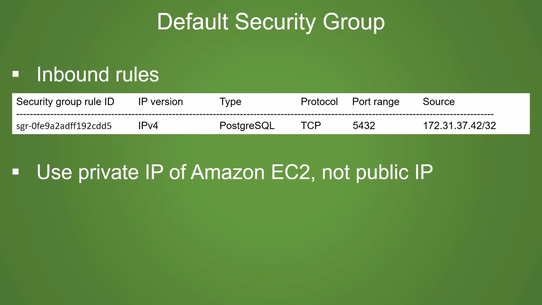In order to connect to Amazon RDS from Amazon EC2, you must allow an access to the database. Open your console at aws.amazon.com. Go to the Security Group menu and add an inbound rule to the default security group.